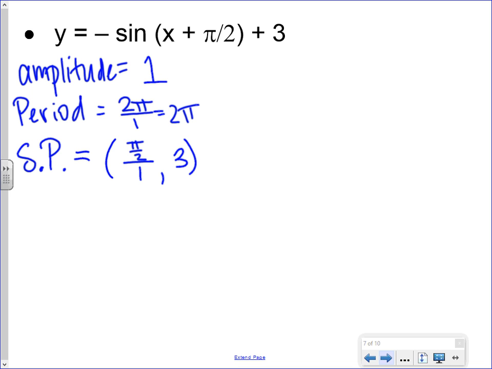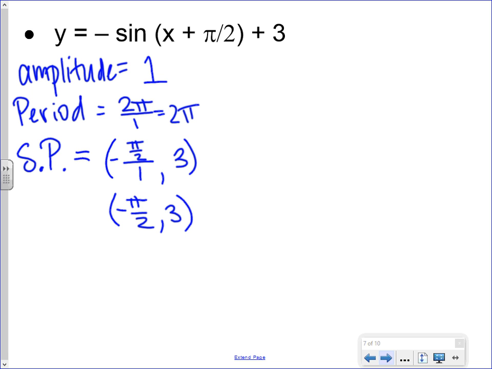Okay, let's come back to this pi over 2. Are we shifting left or right? We're shifting left, so we want to make sure that we get that to be negative. All right, so our starting point is negative pi over 2, 3. Okay, that's the hard part.